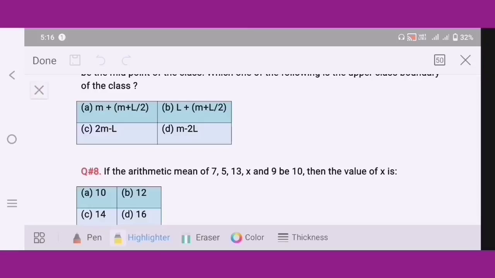We know that M, that is mid value, is equal to lower plus upper class limit divided by 2.